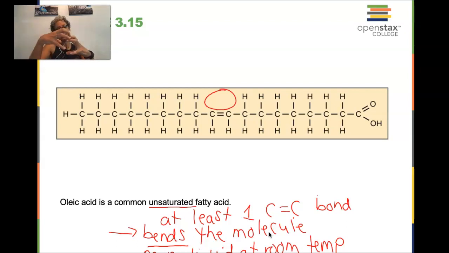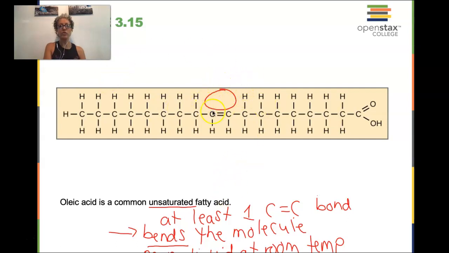Those shells are going to have to crowd together, and that is going to cause a bend in the molecule. So unsaturated fats have fewer carbons because of the carbon-to-carbon double bond. That makes them more liquid at room temperature. So primarily plant-based fats are unsaturated.